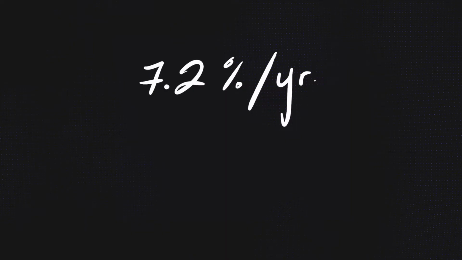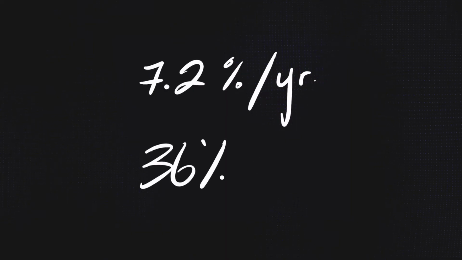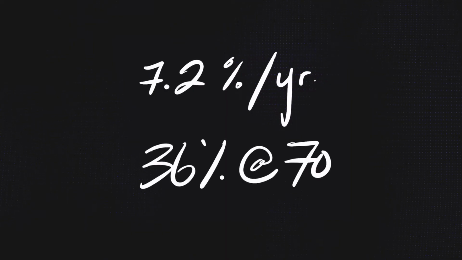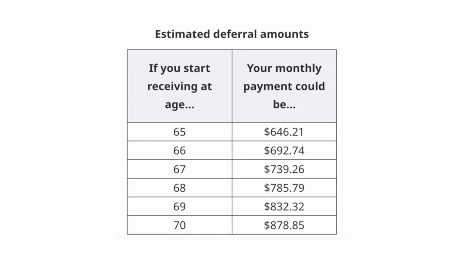That works out to 7.2% increase a year, or a total of a 36% increase if you were to hold off all the way to age 70. And so you can see this mapped out really clearly here. It's not showing you month by month, but you get the general idea, and it gives you enough detail to be able to figure out whether or not you think this might be worth it for you to delay.